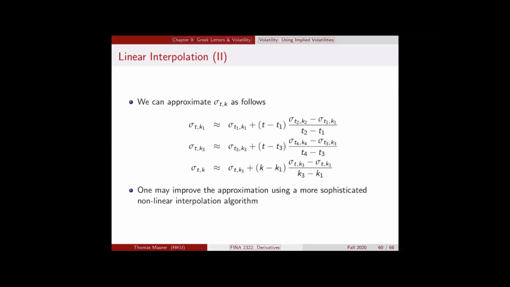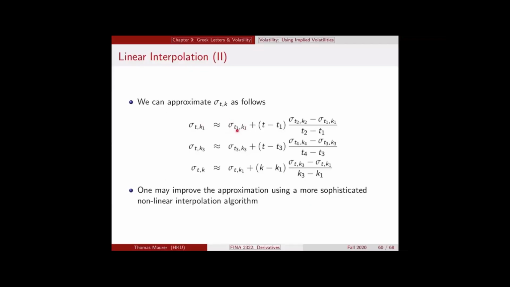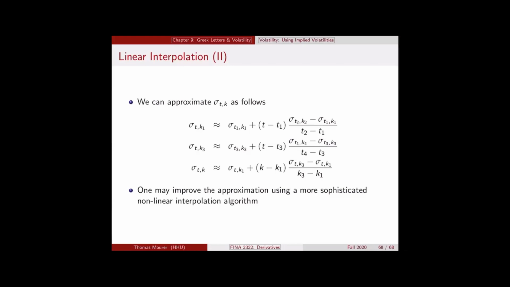How do I get to this formula? If you look at the first formula over here, think about a picture like this one, where we look at time to maturity and plot that against volatility. Let's denote this sigma with time to maturity T1, I denote that here, sigma T1. Similarly, sigma with time left to maturity T2, that's this value.